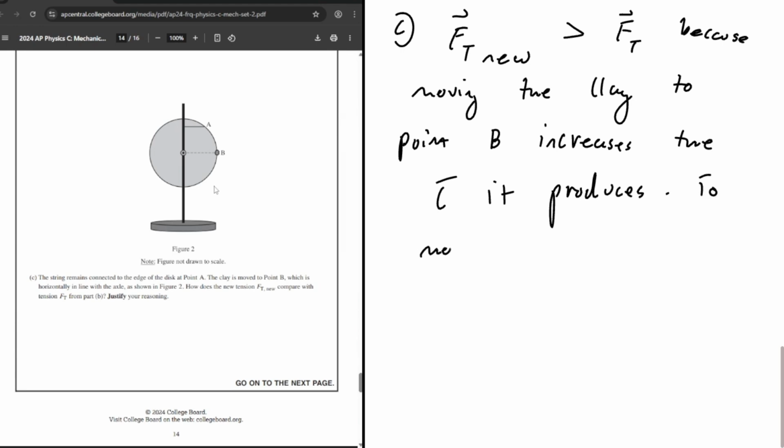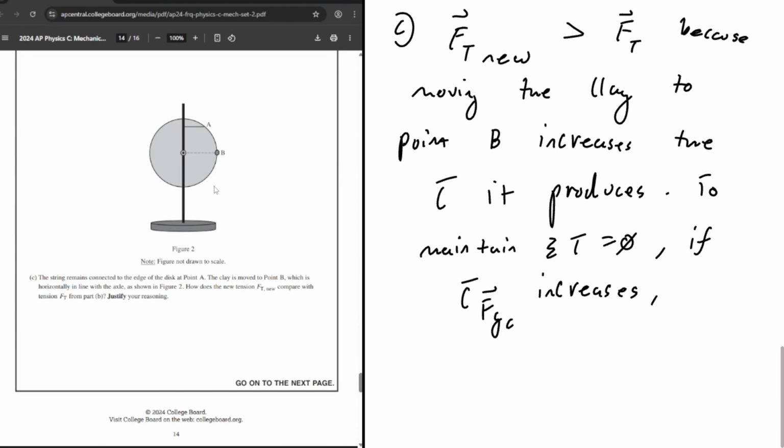To maintain sum of torques equals 0, if torque from F_GC increases, F_T, sorry, must also increase to account for the change.